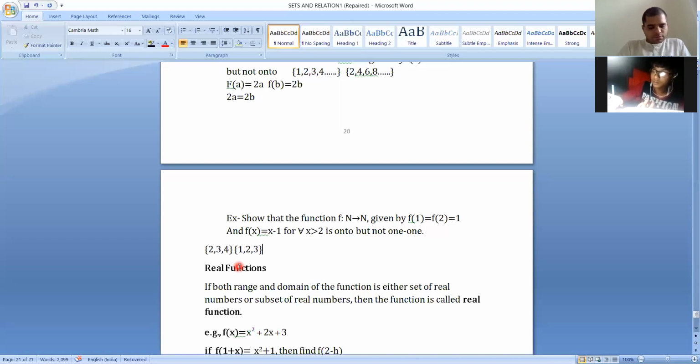F2, we are talking about F2. 1 has got one image. 2 has got one image. 3 has got one image. 4 has got one image. So all the elements have got only one image. So this is a function.